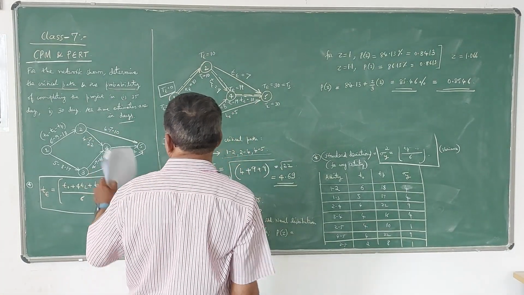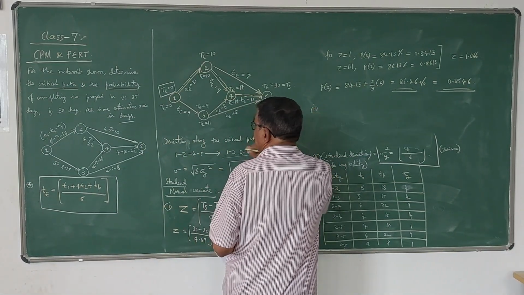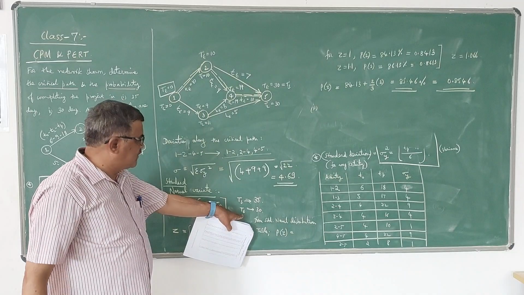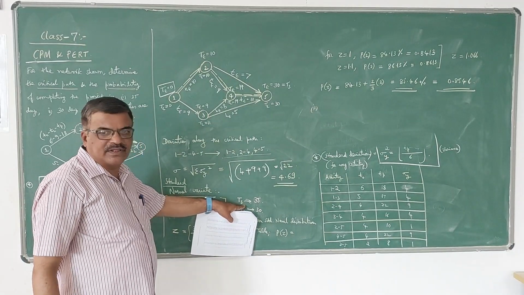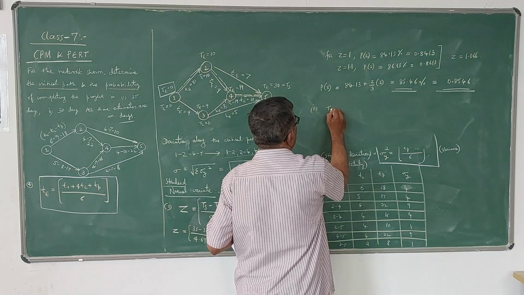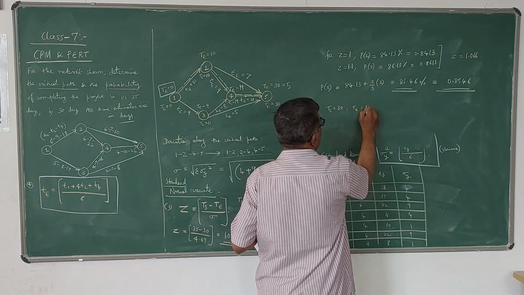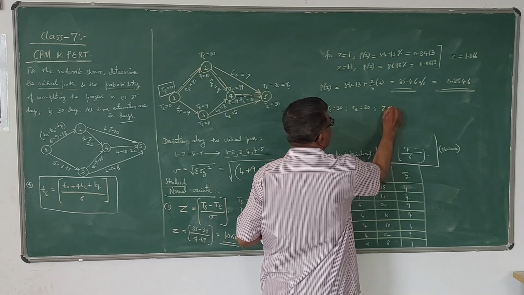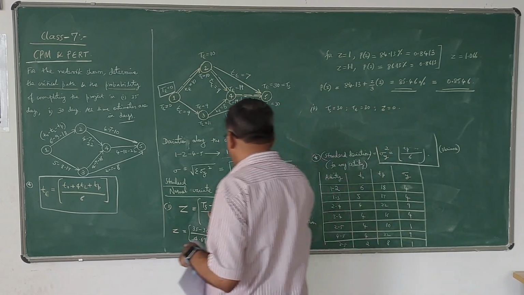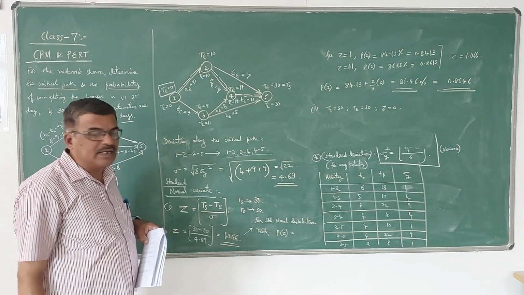Another thing is asked second. Suppose what is the probability that it can be completed in 30 days? Then TS is 30, T is also 30. So Z becomes 0, since 30 minus 30 is 0.